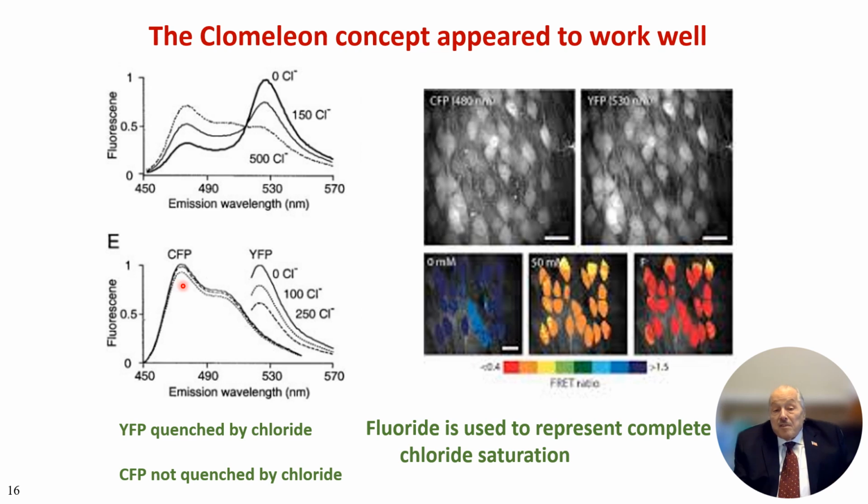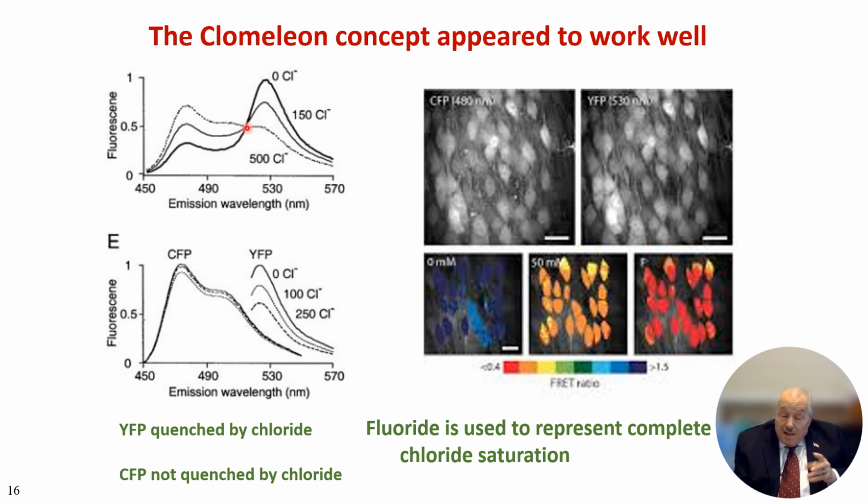The other part of the dimer would not be, and of course that results in a shift in the ratio of the emission intensities at the two wavelengths. So you can use wavelength ratio measurements to determine the chloride concentrations.